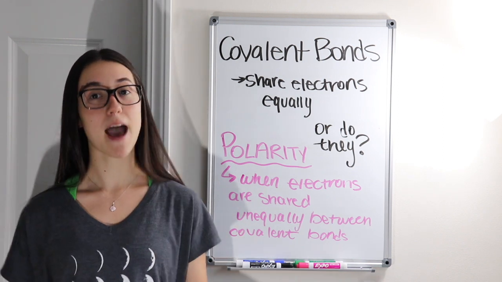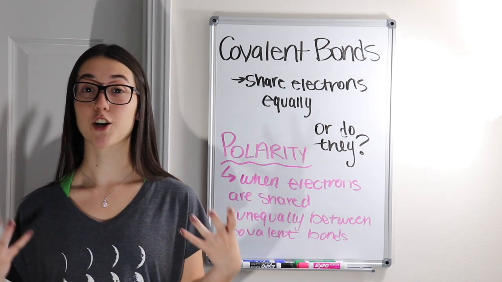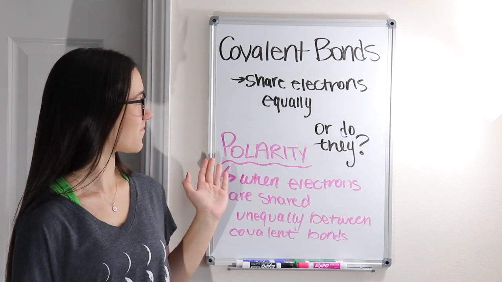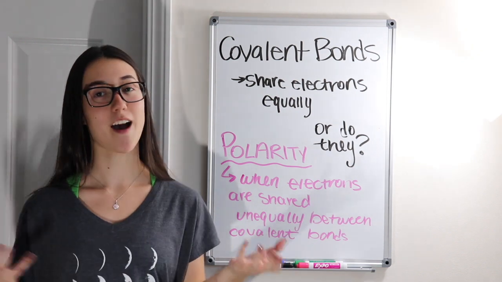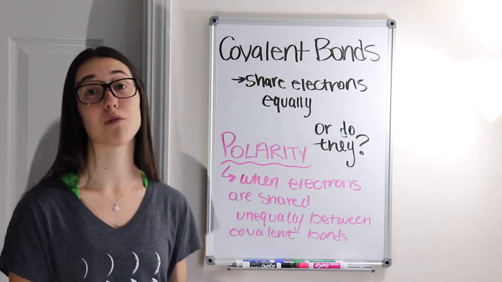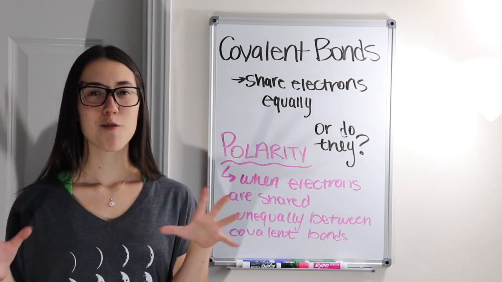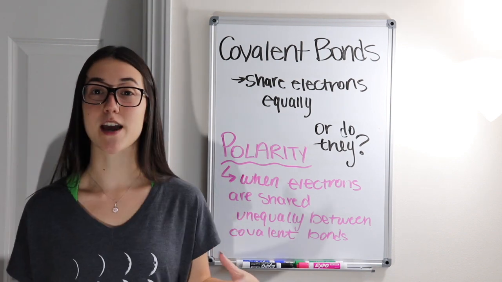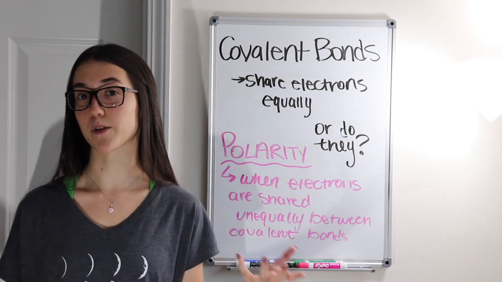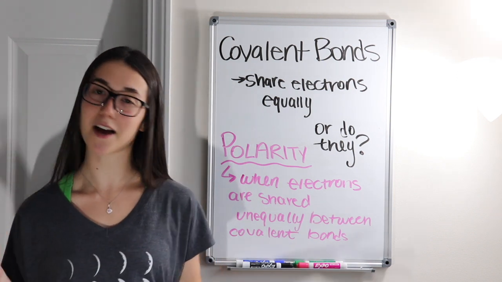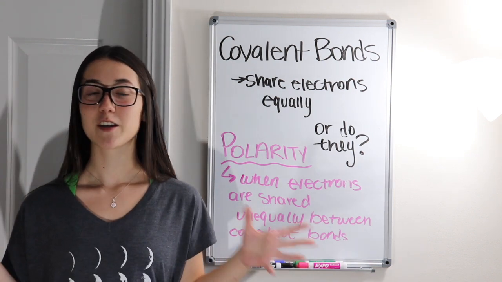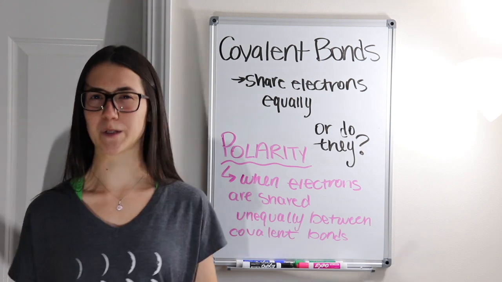And what ends up happening is that bonds create polarity. And polarity is when electrons are shared unequally between covalent bonds, which kind of goes astray from everything that covalent bonds are supposed to be, but in the world of chemistry, there's always a ton of exceptions, and you either learn to love it or you learn to hate it.